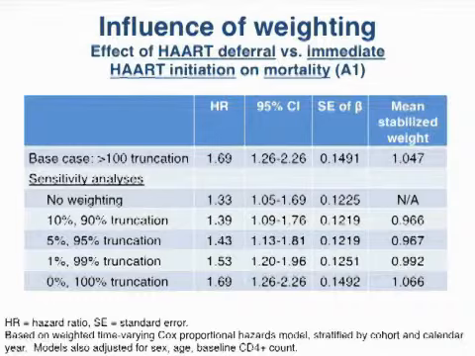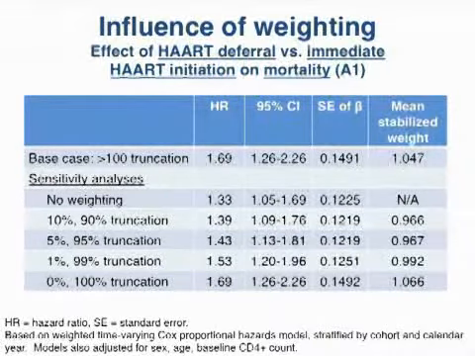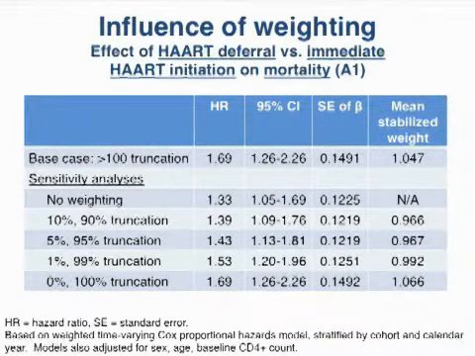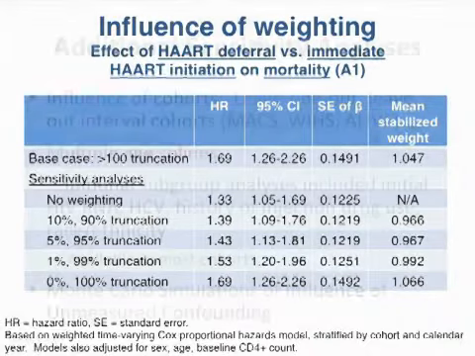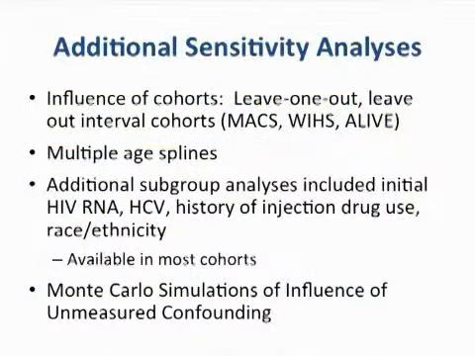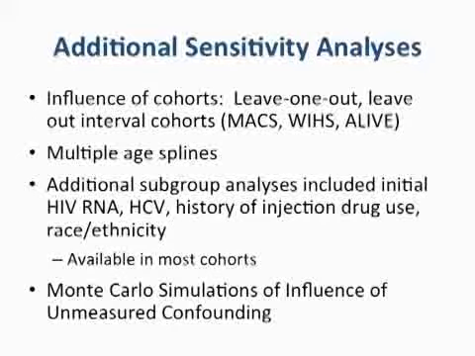So this was for the 350 analysis. This is what we reported. And if we truncate the weights more and more, even if we go to a model that doesn't have any weights, we see an effect that shows relative risk of deferral as compared to initiating immediately. So it's still there, and we see this gradient as we allow the weights to become bigger and bigger.